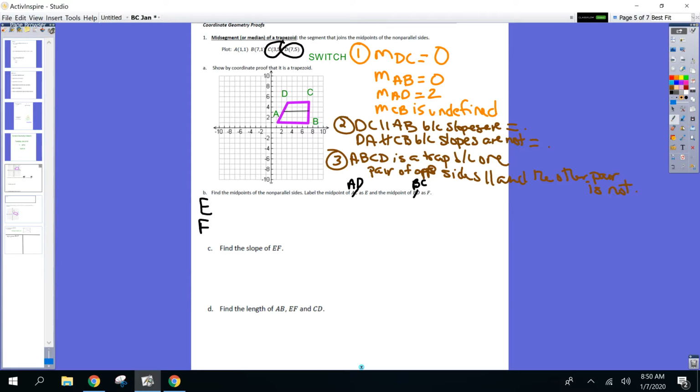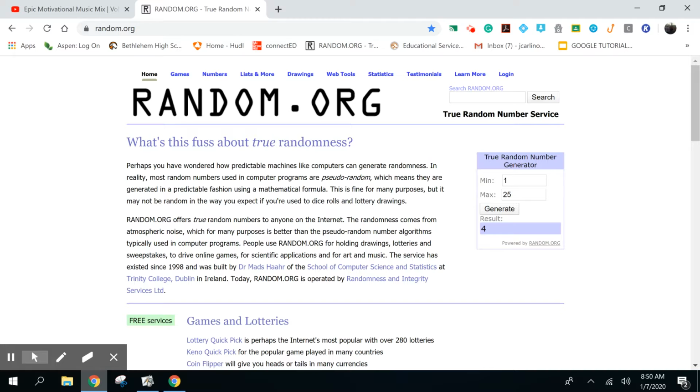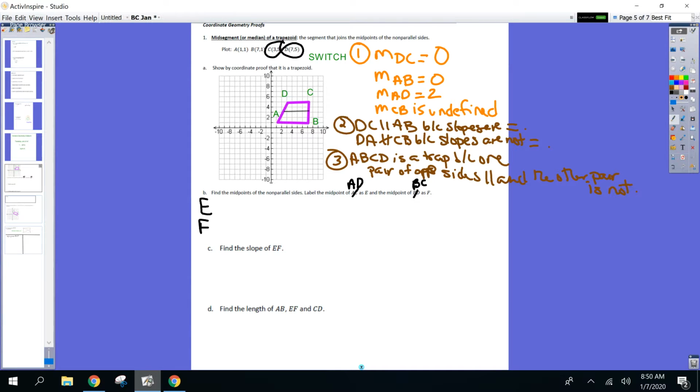Okay, give me one midpoint you found. 2, 3, so everybody, point E is 2, 3. Make sure you jot it down and graph it for me.